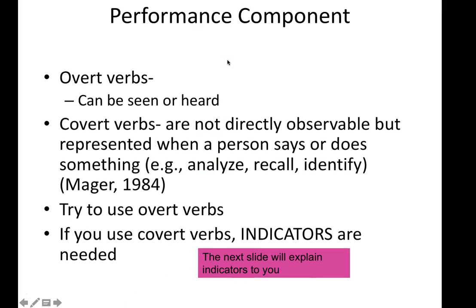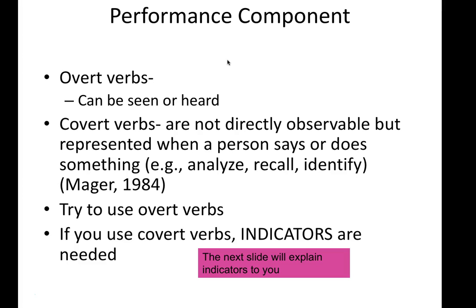So, as we talk about this, we could think about the previous two slides as the first group of slides being covert verbs and the second slide being overt verbs. Overt verbs can be seen or heard. Covert verbs are not directly observable, but are represented when someone says or does something.